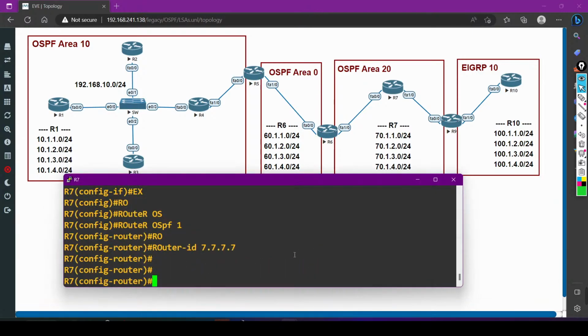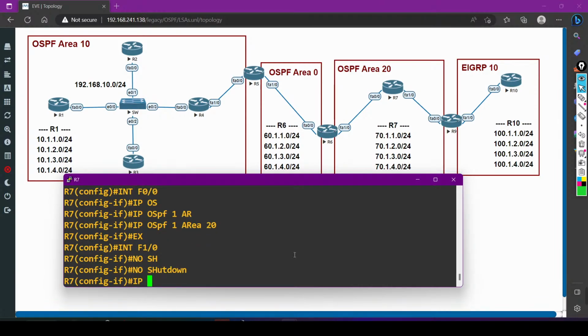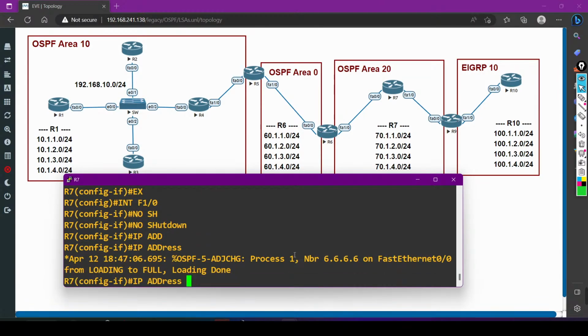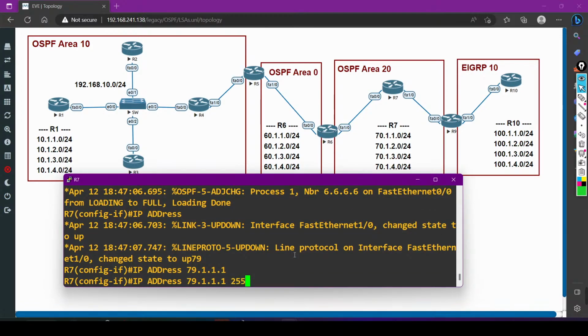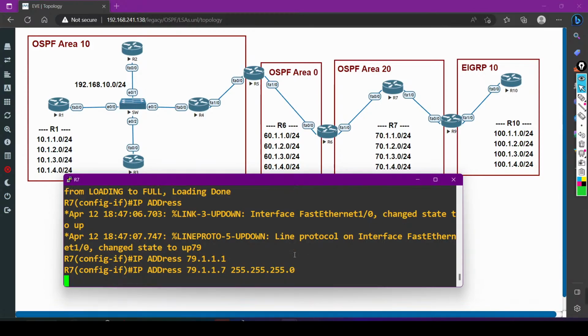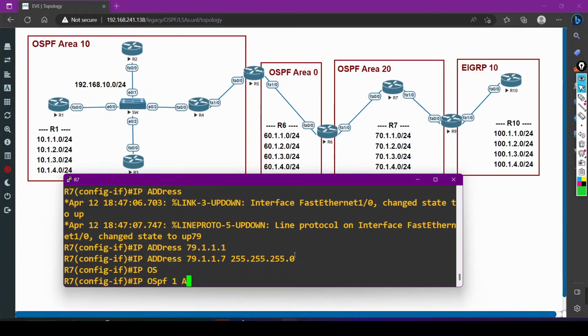Done. Now interface F0/0, IP OSPF 1 area 20. Exit. Interface F1/0, no shut. IP address will be, let's say, 79.1.1.1, 255.255.255.0 and IP OSPF 1 area 20.